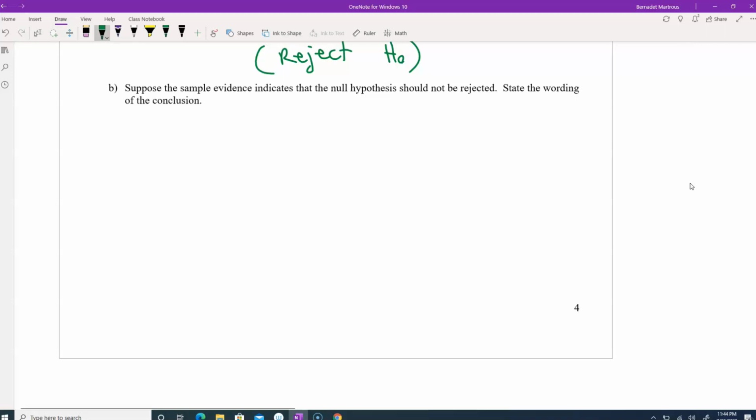Now part B. So sample evidence indicates that a null hypothesis should not be rejected. Say this in words. What that means is there is not sufficient evidence to conclude that a mean is greater than 3.25, but is equal to 3.25.